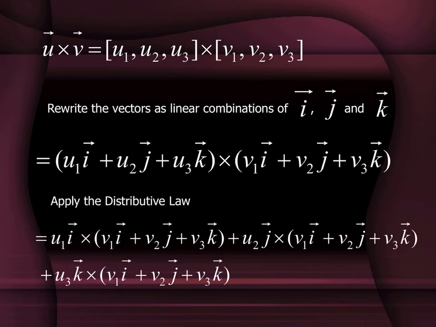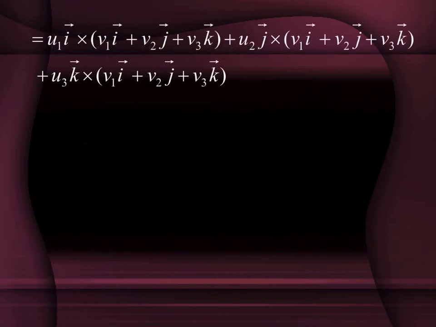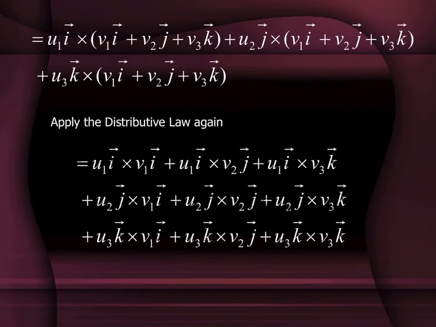So you see u1i is crossed with all three vectors in the second bracket, and then u2j is crossed with all of the vectors in the second bracket, and then u3k. There's the three vectors from the first set of brackets, and they're all cross product with everything in the second set of brackets.